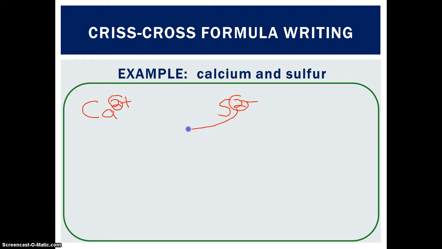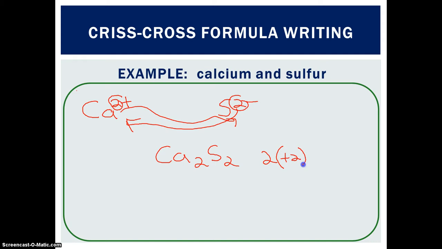I'm going to swap and drop. 2 and 2. I have calcium with a 2 as a subscript and sulfur with a 2 as a subscript. I have 2 calciums with a positive 2 charge, and I have 2 sulfurs with a negative 2 charge.